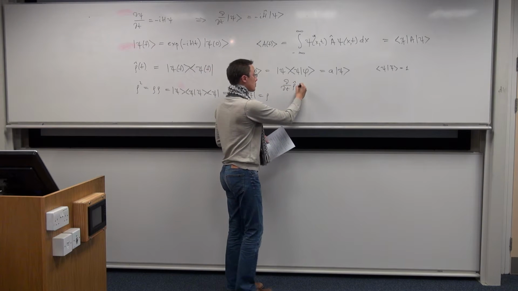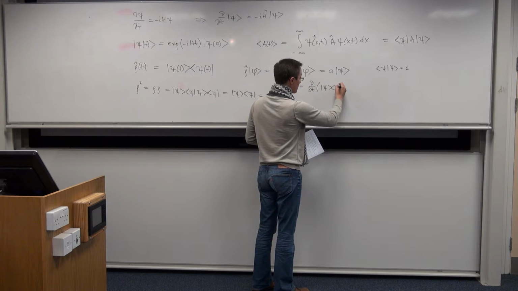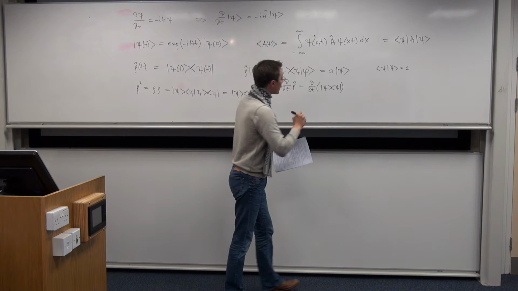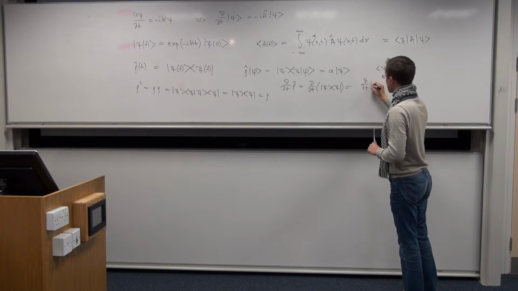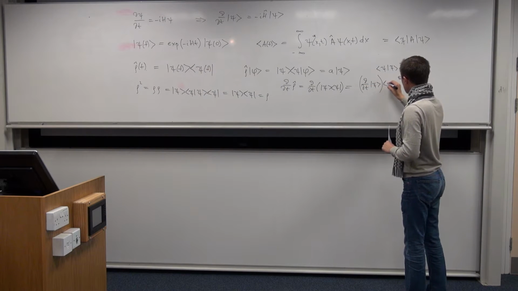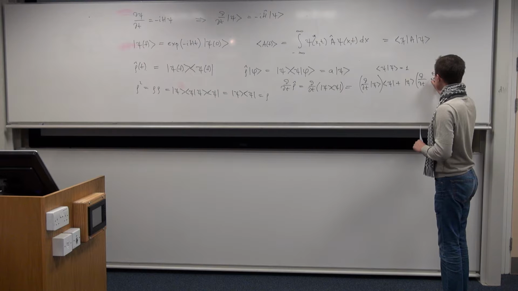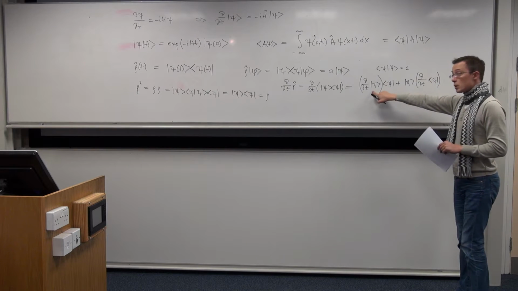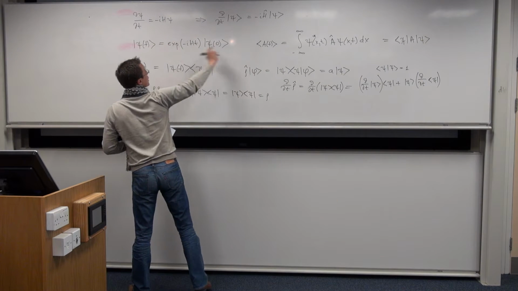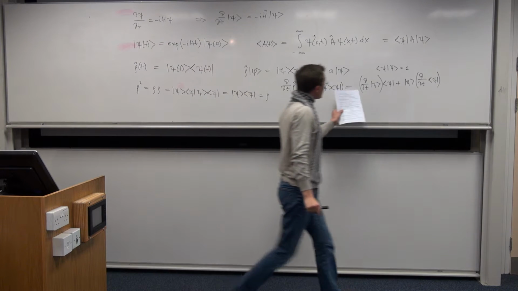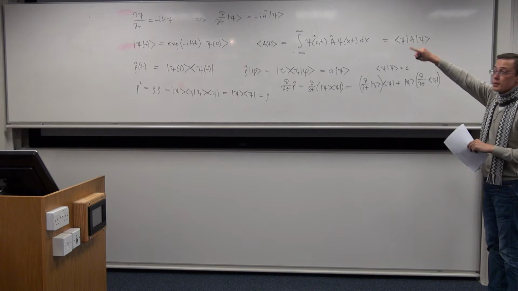Well, as per the definition, that will be d by dt of |psi><psi|. The product rule applies equally well to Kronecker products, so that will be (d by dt |psi>)<psi| plus |psi>(d by dt <psi|), and this we know. It comes from Schrödinger's equation. It's over here, or rather here. So d by dt |psi> is minus i H |psi>, and the complex conjugate of that is <psi| i H.